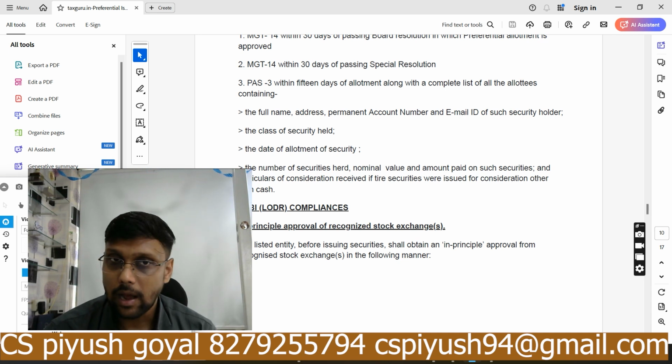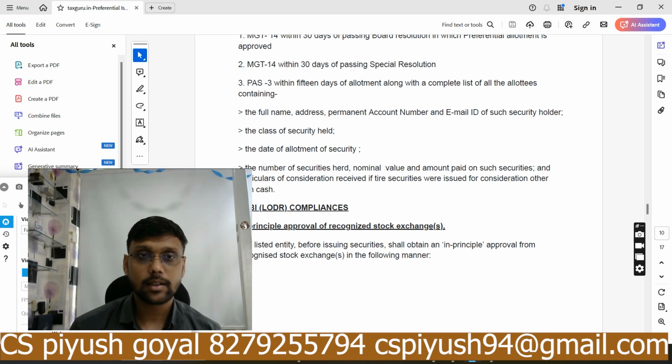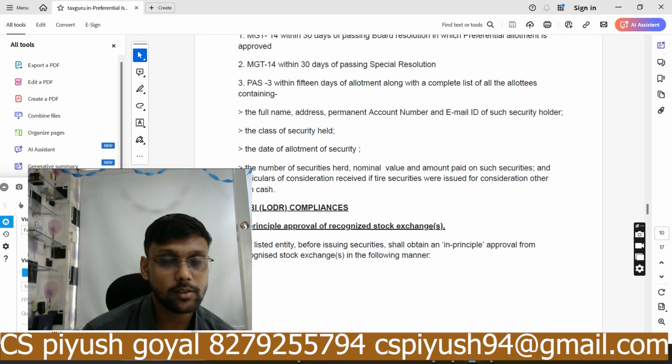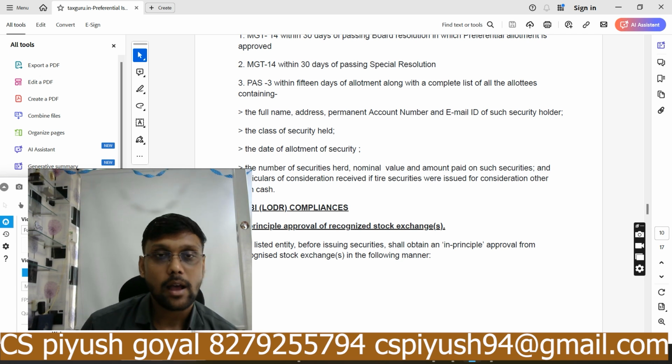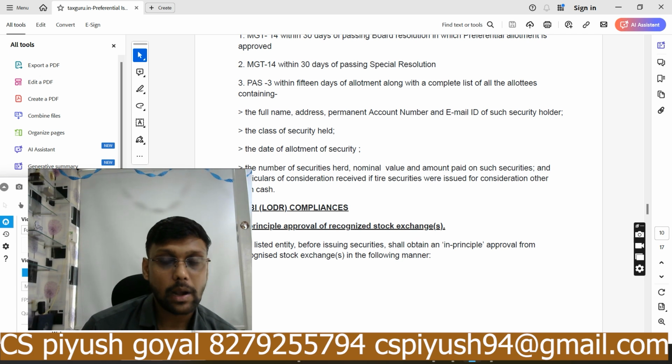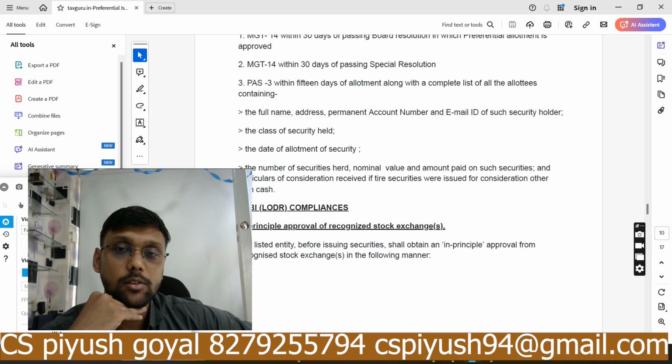On the appointed date, the EGM will be held and the matter related to the issuance of the preferential shares will be discussed. After getting the approval of members, the private offer letter will be sent to the existing members or new members.